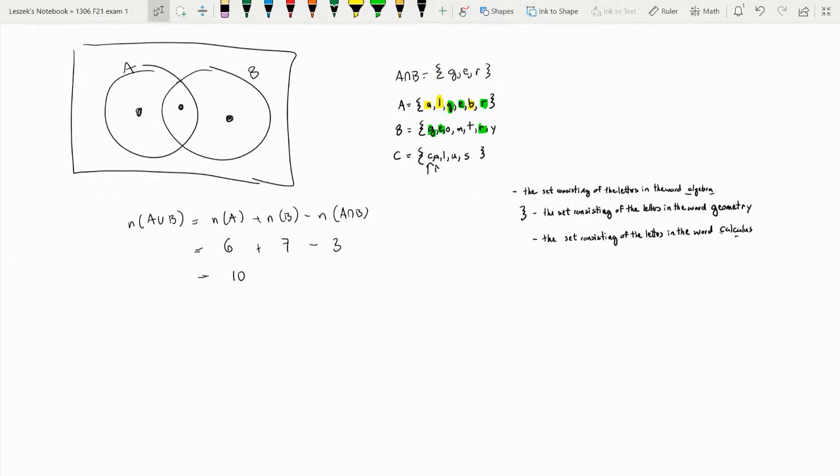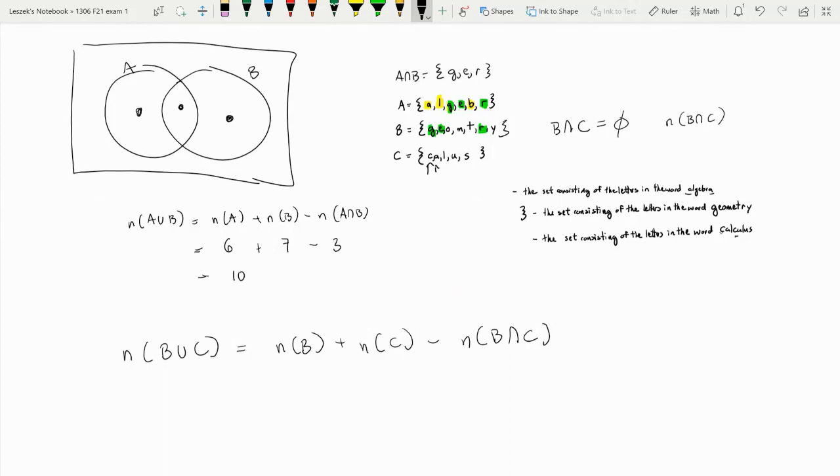Now, if you wanted to know the number of things in B or C, right, you'd use the same formula, the addition rule, if you want to be formulaic. But if B and C are disjoint, they have nothing in common, their intersection is empty, what's the number of things in the intersection?